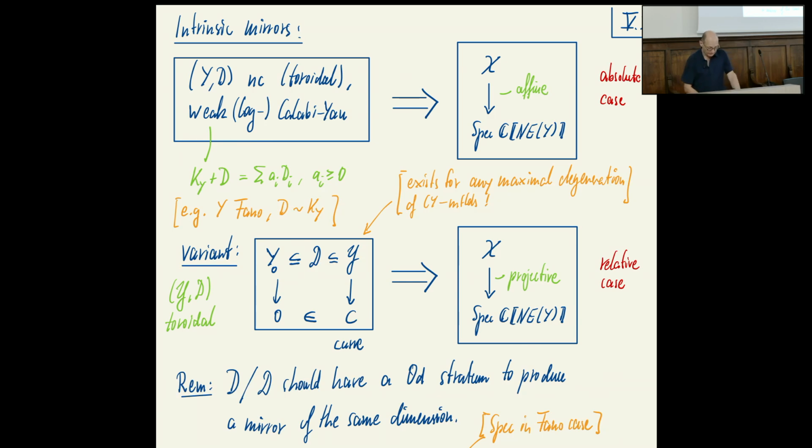A variant is as follows. You apply that situation to a pair, curly Y, curly D, where D contains the central fiber. Then you get a log-smooth morphism from this total space Y with the log structure induced by this pair, the divisor, to this curve, with the log structure given by this distinguished point, the central fiber.